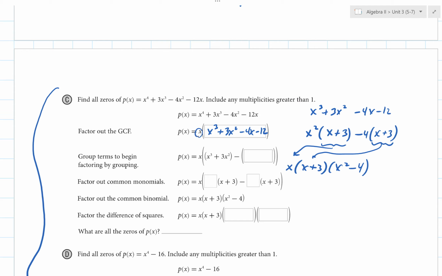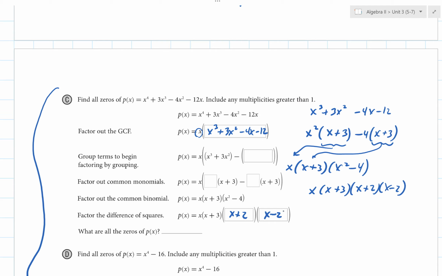We still have the x in front from here. And what else can we factor? Yeah, the x squared minus 4 is a difference of squares. So now we have x plus 3, and x squared minus 4 factors as x plus 2, x minus 2. So now we have the whole thing broken down as x, x plus 3, x plus 2, x minus 2.